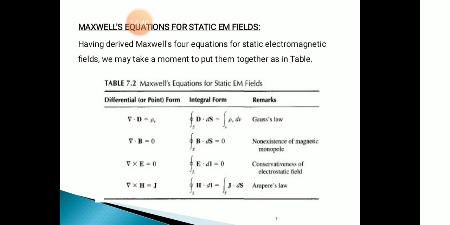We are going to discuss that there is an inconsistency in the equation del cross H is equal to J. In coming days, we are going to understand that del cross H is equal to J is not a sufficient condition. There is an inconsistency in that equation which we have to fulfill.